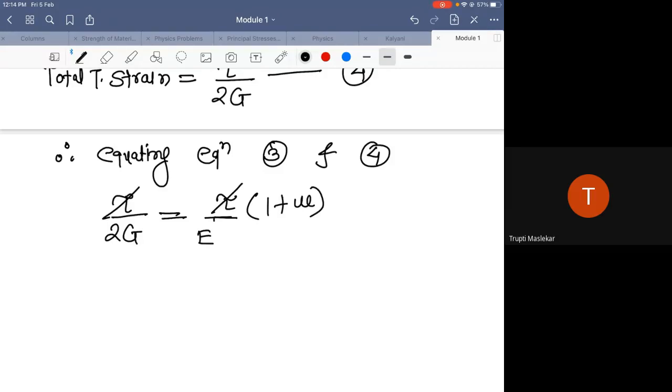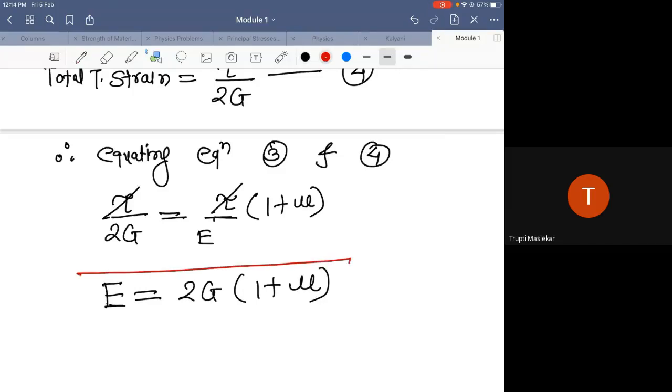Correct. Now tau gets cancelled, and if I transfer this E to the left hand side and 2G to the right hand side, then what happens? I will get E is equal to 2G into bracket 1 plus mu. Okay.